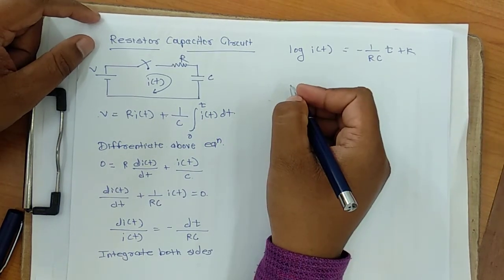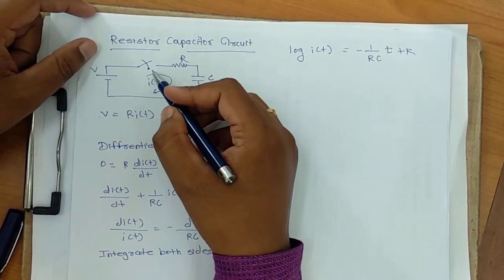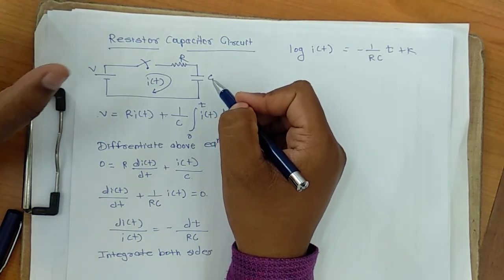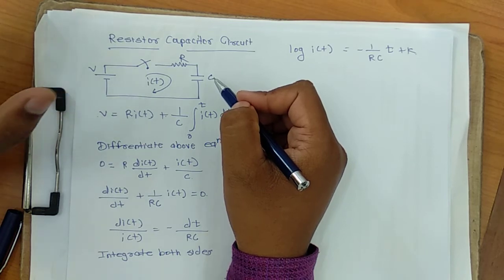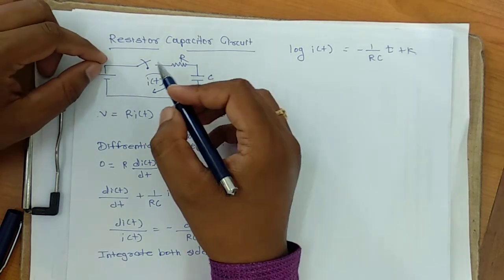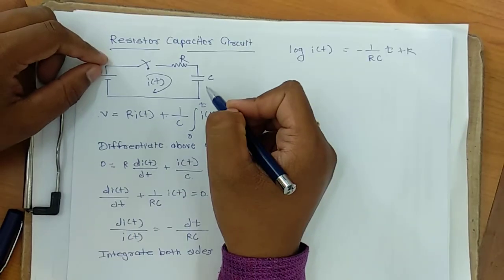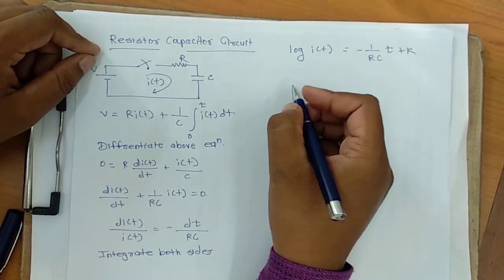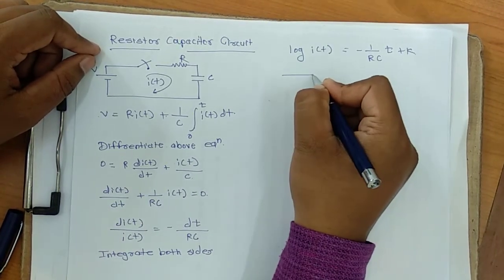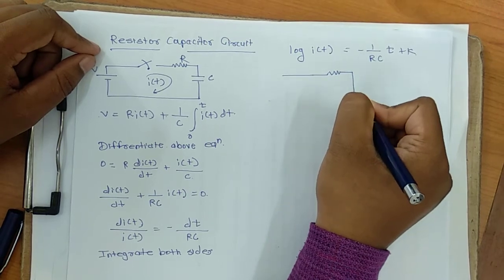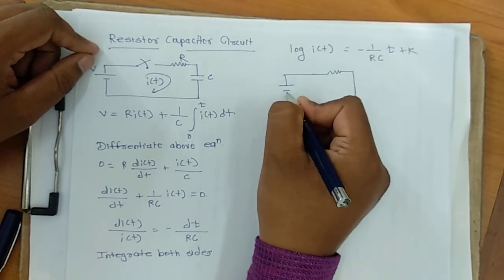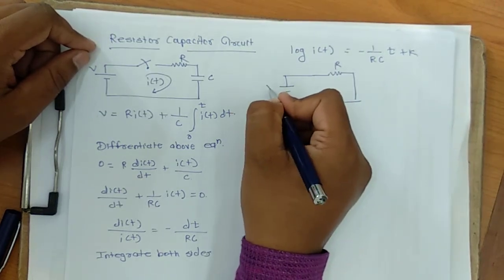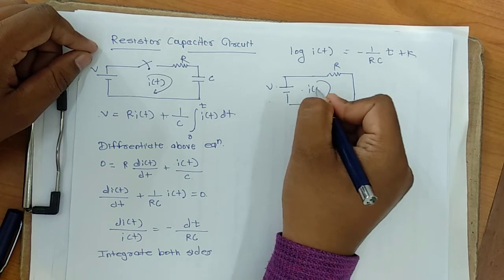At the initial condition, when the switch is closed, the capacitor will work as a short circuit. In general a capacitor works as an open circuit, and some potential will be created across the capacitor. But when the switch is closed, the capacitor is working as a short circuit. So if you close it, there is a short circuit and a voltage V, then what will be the current? This is R, and this is V, that is I of 0.